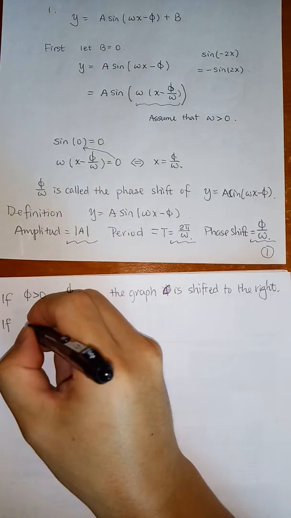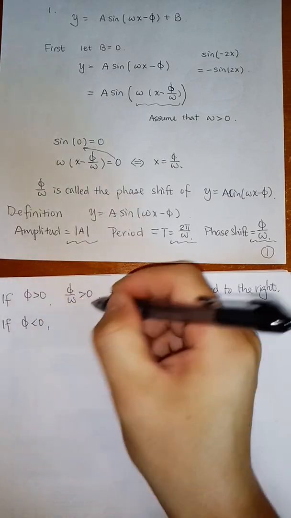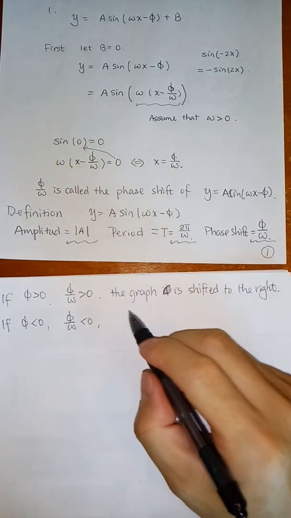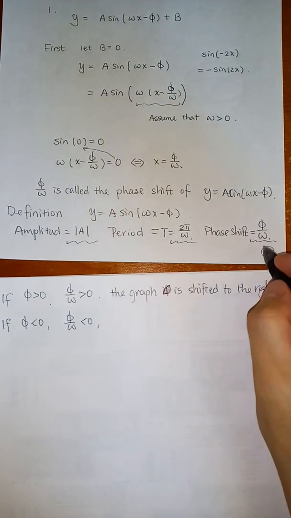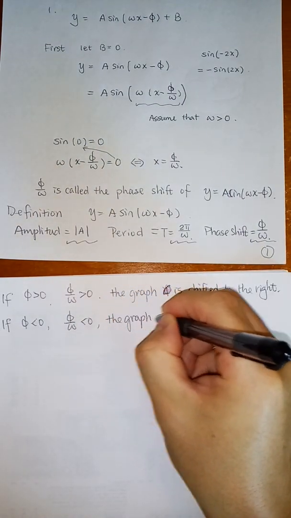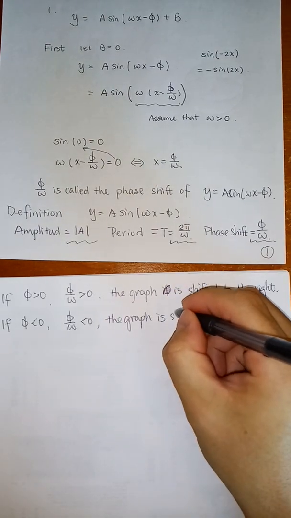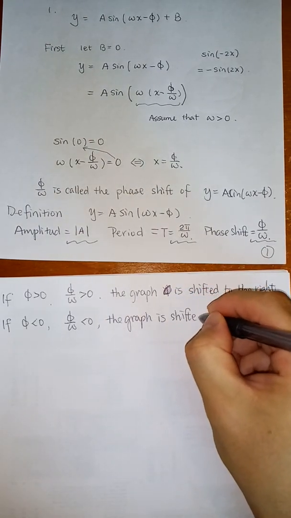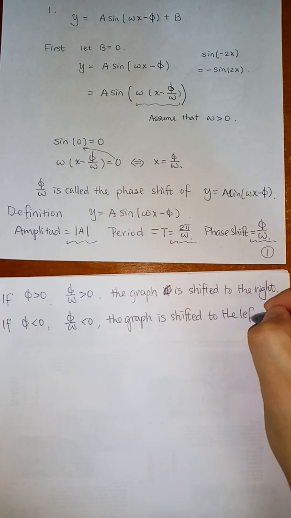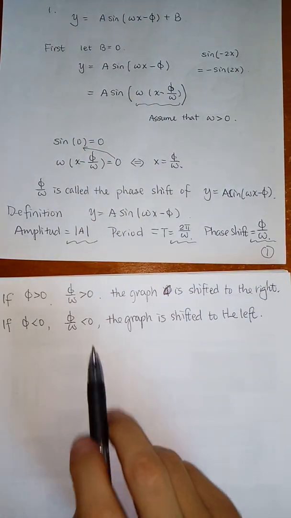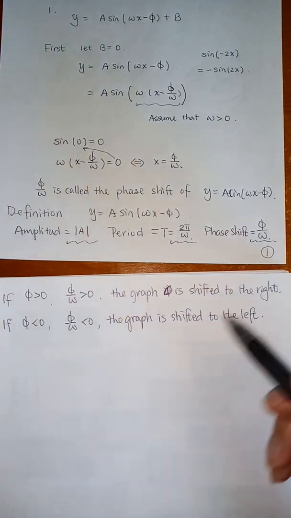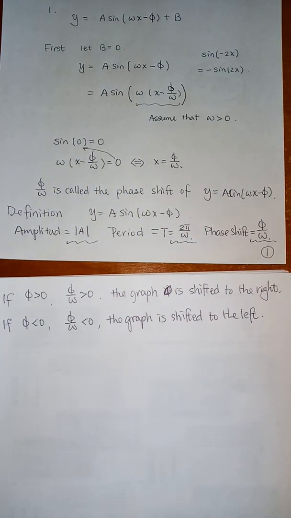If phi is negative, phi over omega becomes negative, your phase shift is negative, the graph is shifted to the left. Negative, move to negative. Positive, move to positive.